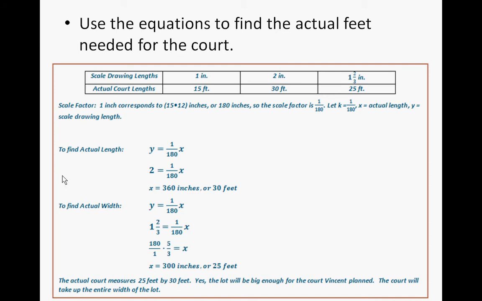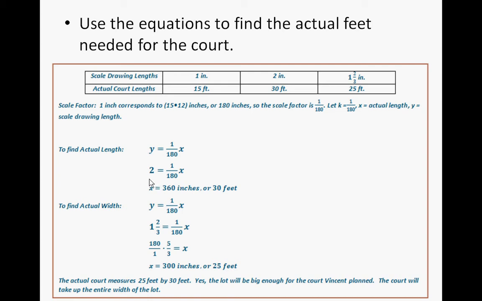So let's take a look at the actual length. If y is equal to 1/180th times x, then 2 inches is equal to 1/180th times the actual court length. Well, if we have 1/180th times some number is equal to 2, then in order to find this number, remember we have to do the reciprocal, which is divide.